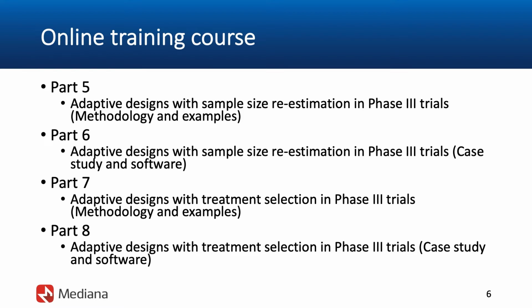In part 6, I will provide related information on the software tools that you can use to design clinical trials with this kind of decision rules. And then in parts 7 and 8, we will apply exactly the same approach to a class of adaptive designs that enable clinical trial sponsors to utilize interim information to support efficient identification of the most promising treatments.